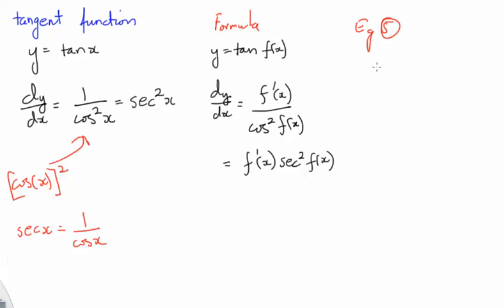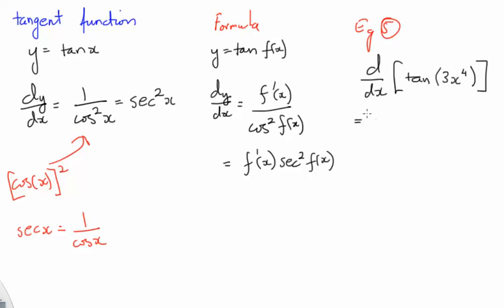Let's do, no, I need to use a different notation. Let's do d dx of tan of 3x to the power of 4.